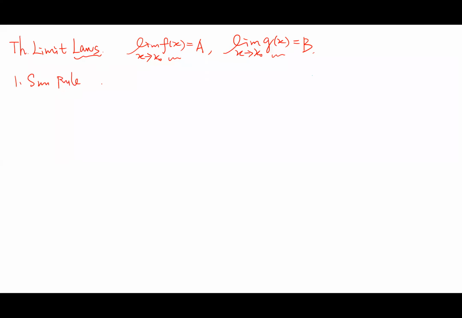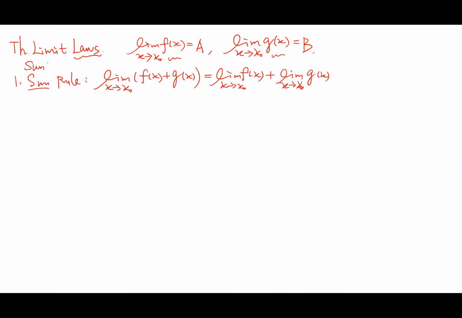That means the limit of f of x plus g of x as x approaches x0 equals A plus B, the sum of two limits. Okay. So here we can also get the difference rule.